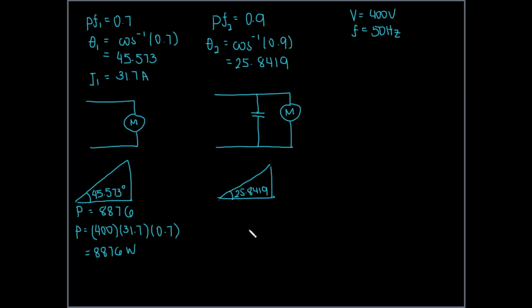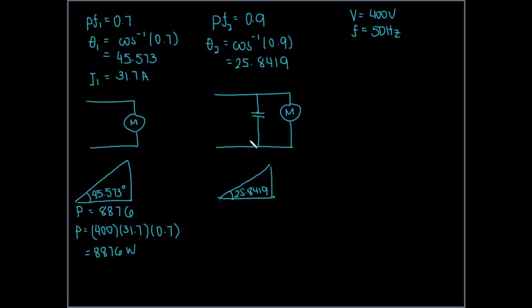If you recall your first example, there was no change in S, right? There was a change in P. There was no change in S because the problem states it's for the same kVA loading. Now, is it going to be the same case for this example? And the answer there is no. It's not going to be the same.